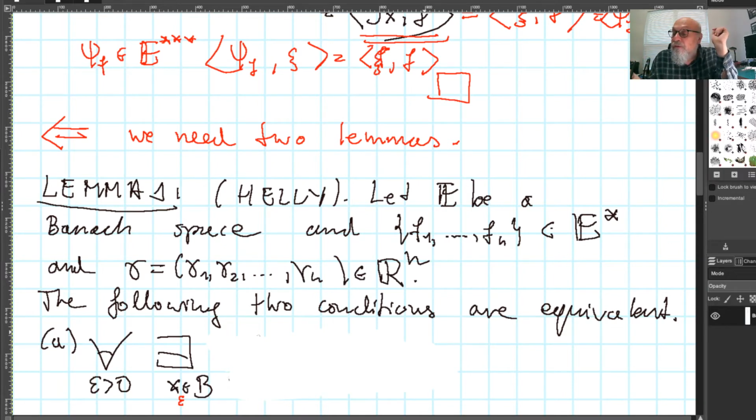And now I have to change to the small dot. Where is my small dot here?